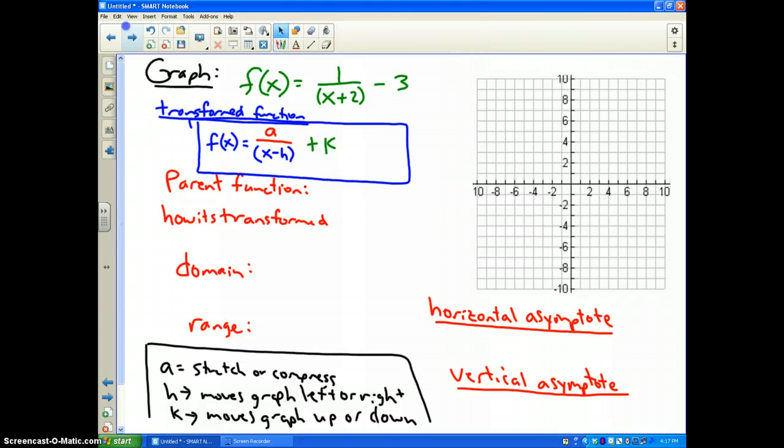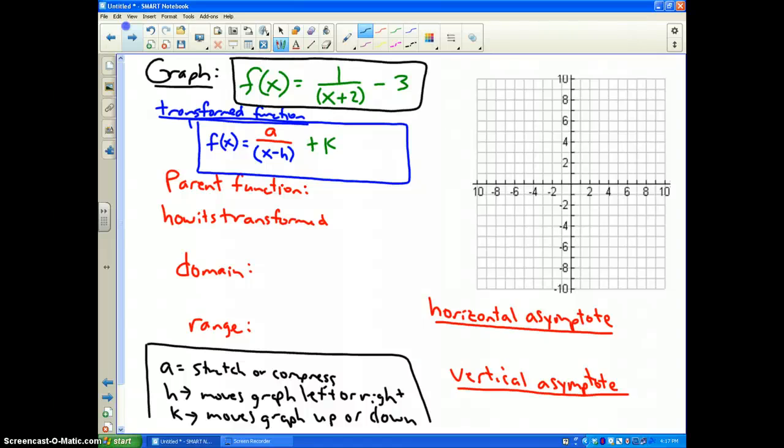All right, so let's answer some questions about this. First of all, the parent function. Of what I wrote in green, get rid of the h and the k, and you have f(x) = 1/x. That's the parent function. How is it transformed? Well, you notice we have a plus 2 down there, which means my graph is going to go to the left 2.